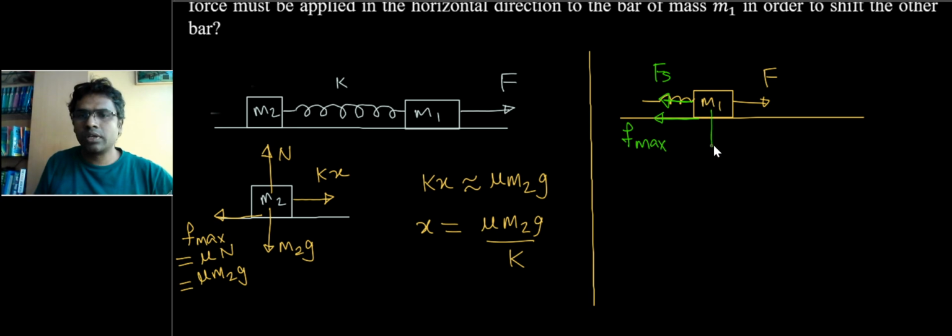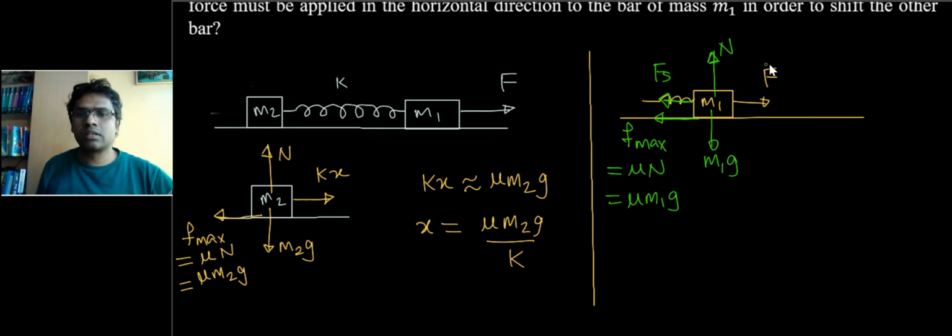Here the earth is applying a gravitational force of m1g, and the normal force in the upward direction is equal to m1g. So the maximum possible friction force is mu times normal, which is mu times m1g. Because we are asked to calculate the minimum force required, the work done by the force should also be minimum.